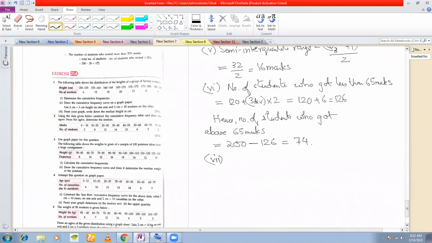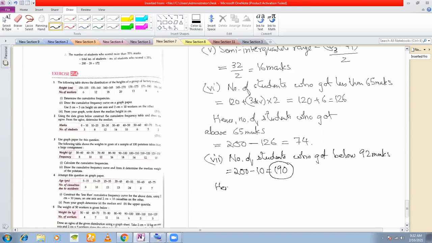Number 7. Number of students who got below 92 marks is equal to 200 minus 10, because only 10 students qualify, so 190. And this 190 is the point that we started with as our reference point, just 5 divisions below 200.